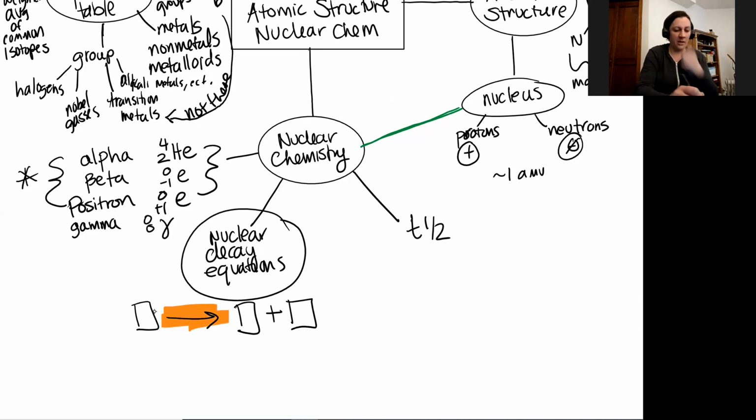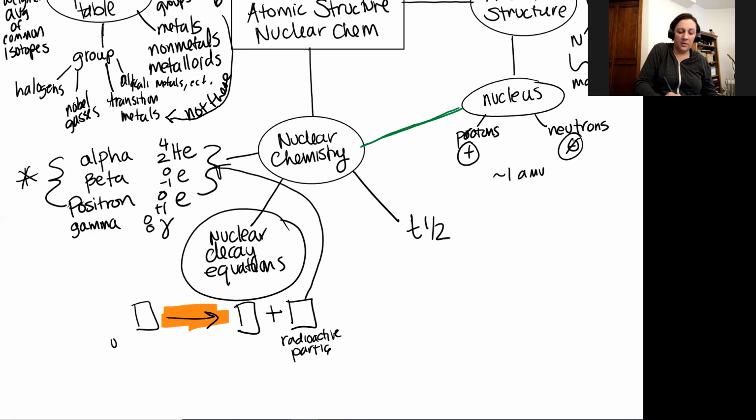And this really becomes our before and our after. So the radioactive particles that we could see emitted from the nucleus are the ones up here that we just talked about. Our unstable nucleus will then decay into a new one.